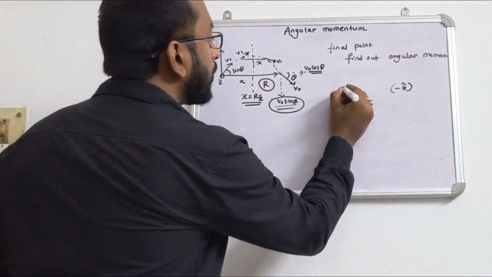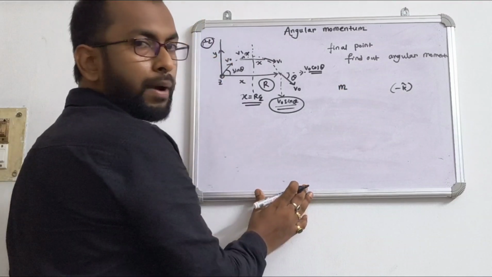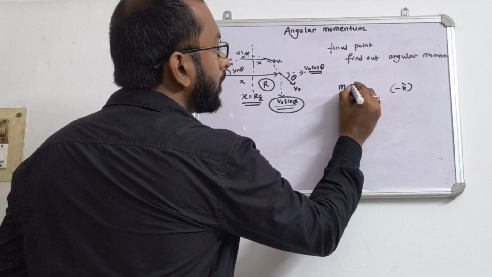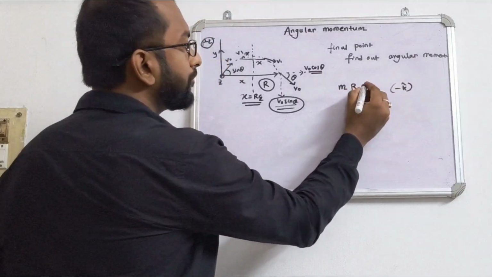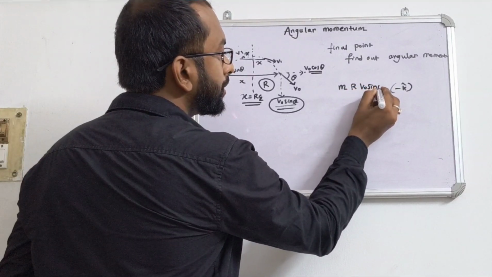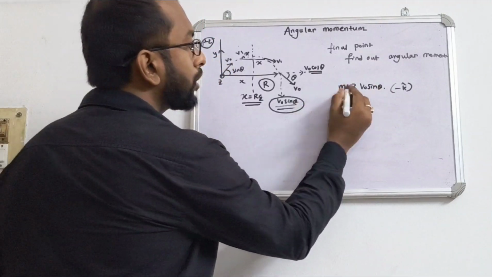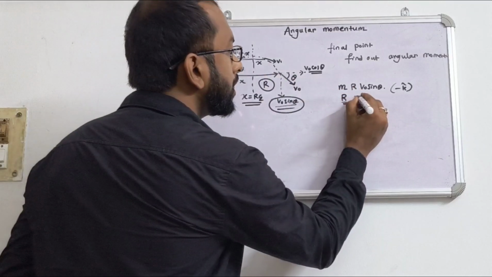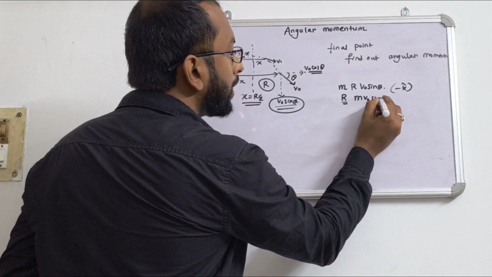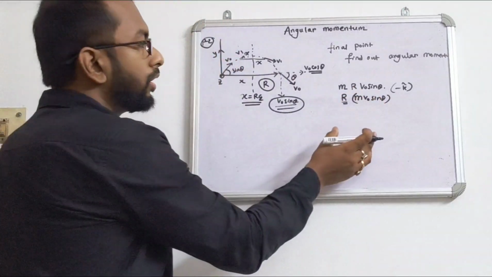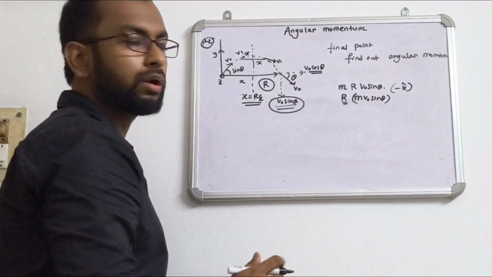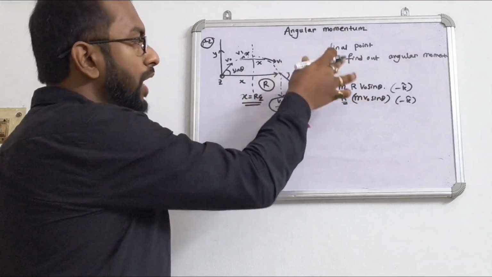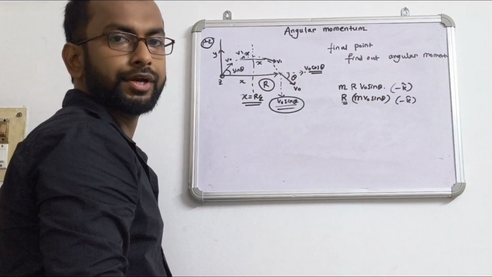Now for angular momentum, we know that if we draw a perpendicular on this velocity, we get m multiplied by the distance into that velocity v0 sin theta, or we can multiply the distance with the momentum. Due to this momentum only it creates the angular momentum, and for the other momentum, m v0 cos theta, no angular momentum is created.